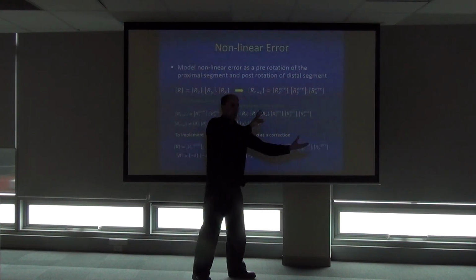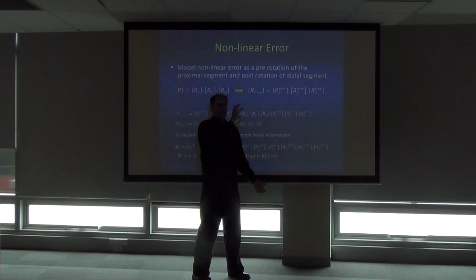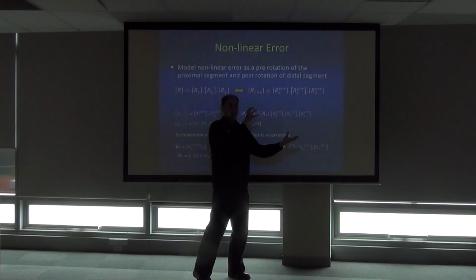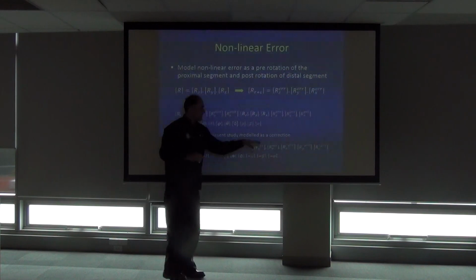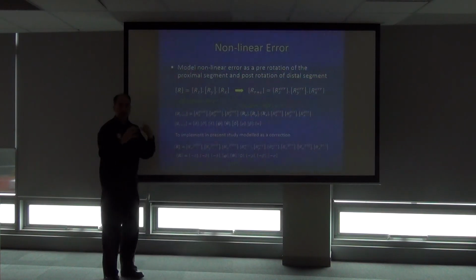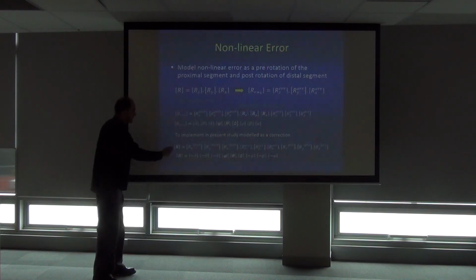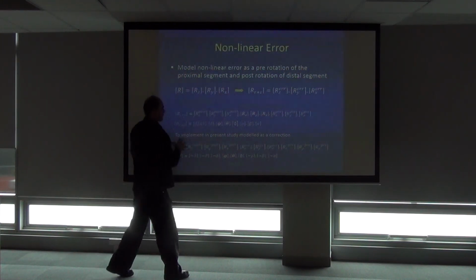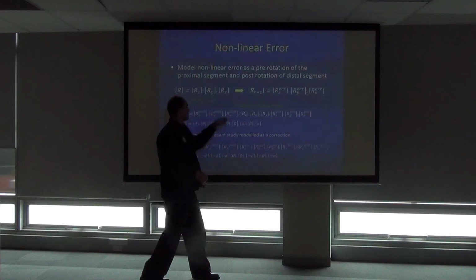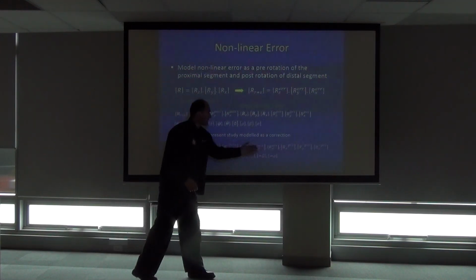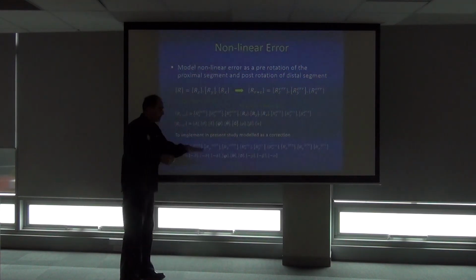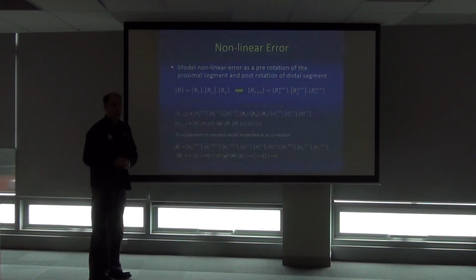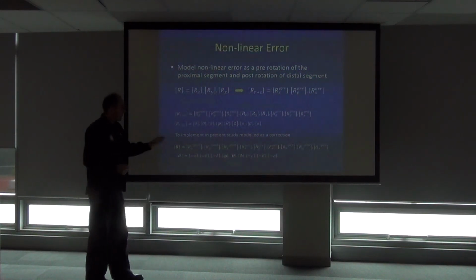A correction in the proximal axis, x, y, z, to get the proximal axis where it should be, then the error rotation, and then a correction in the distal axis to where the distal axis alignment should be to get the real value. So this was the real plus an error gets what's measured. This is what's measured plus a correction gets the real. It's just a different way of looking at it.